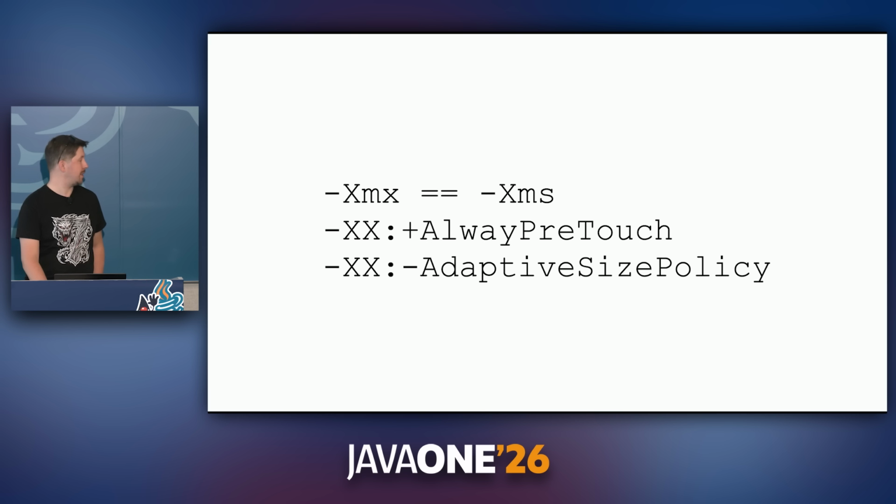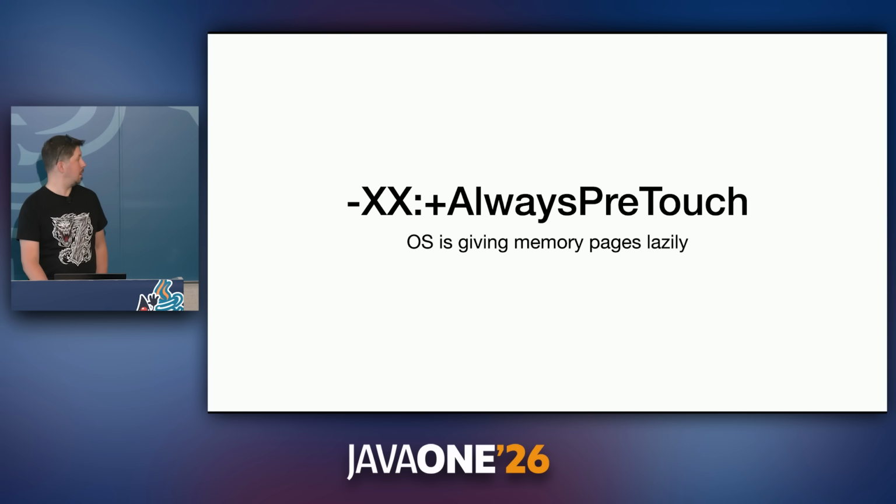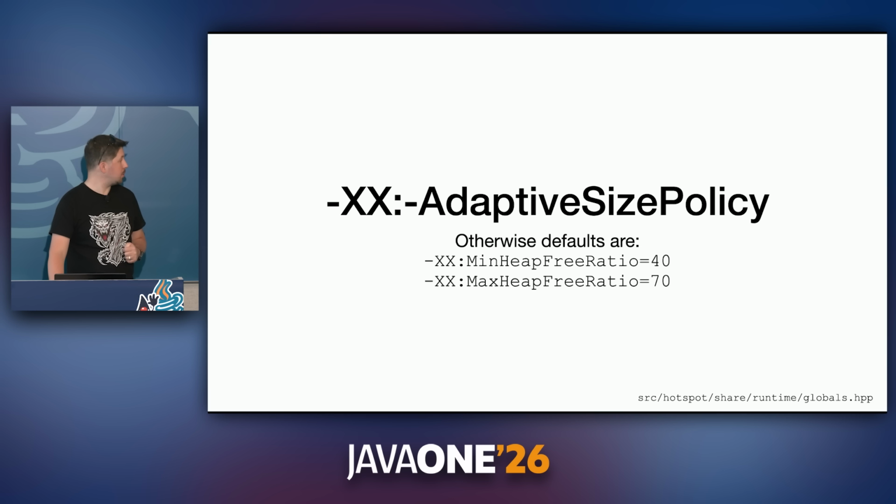In order to get a stable heap, plus AlwaysPreTouch and minus UseAdaptiveSizePolicy. Because of the laziness of the OS, that is going to impact the start of your process a bit, because all the pages have to be touched. And this has to be disabled, otherwise these defaults are as follows, from when I checked the sources, which means Java might try to give memory back to the OS, even though you don't expect it.